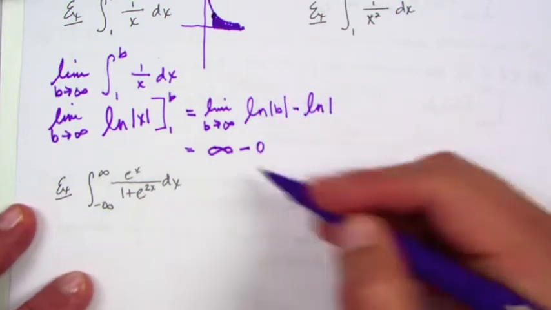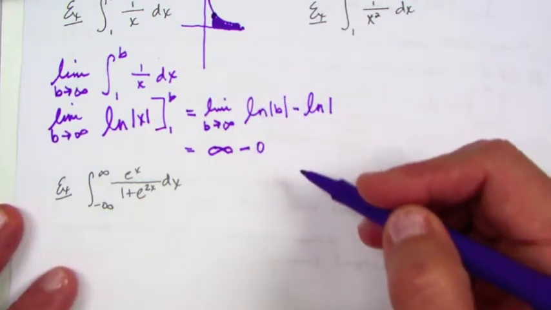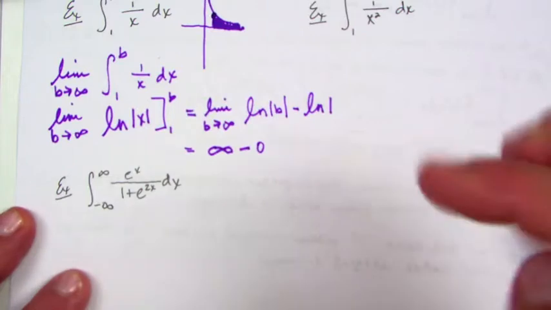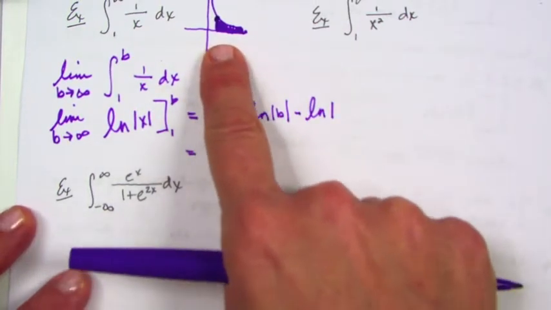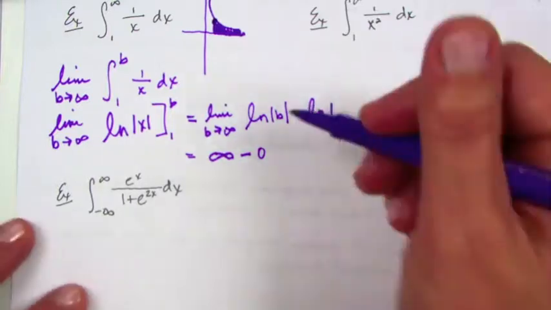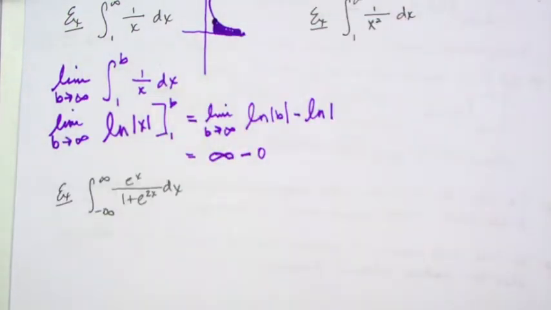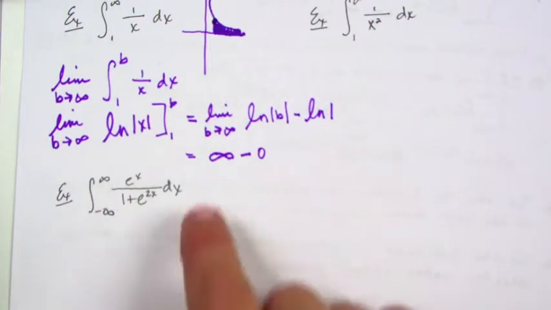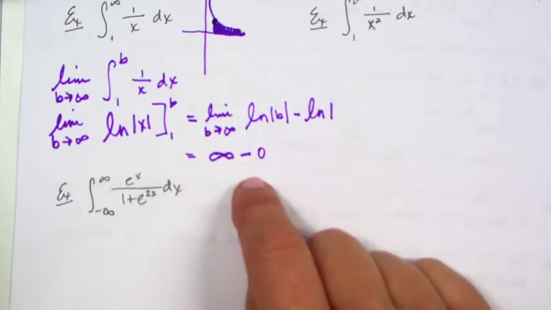So, is there a finite area that I can find between this curve and the x-axis from 1 to infinity? No. Even though that curve gets closer and closer to the x-axis, it will always continue to grow just fast enough that I cannot find a finite area.